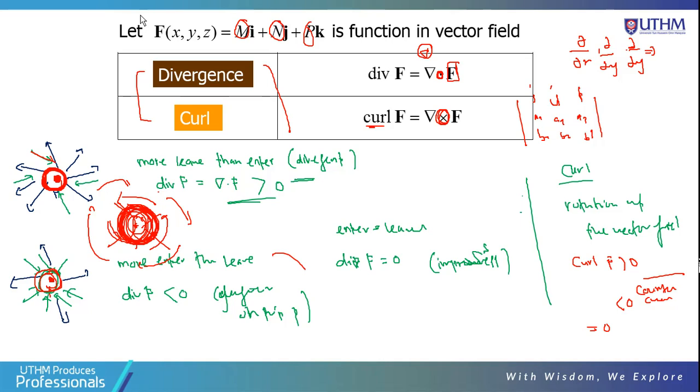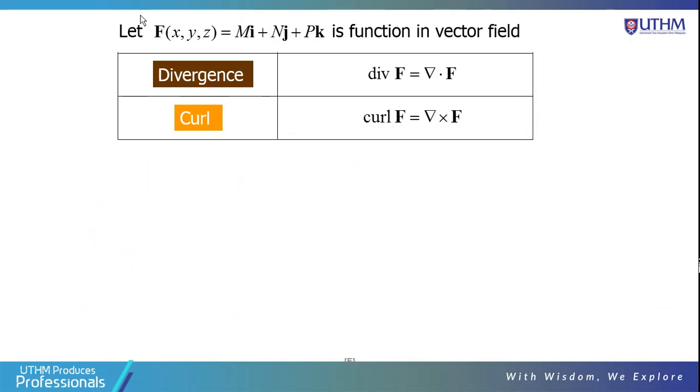Terbalik, sorry terbalik. So that means partial P, partial Y, tolak partial N, partial Z. Okay, i, so you tutup i, you close the i, kali ni, tolak ni. So you tutup, hide the j, kali ni tolak ni.